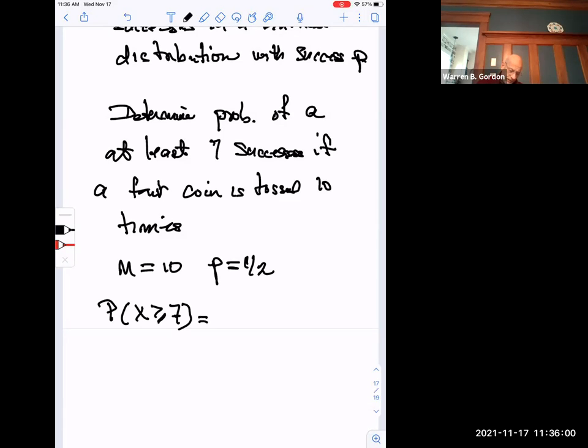That would be the probability of 7 plus 8 plus 9 plus 10.